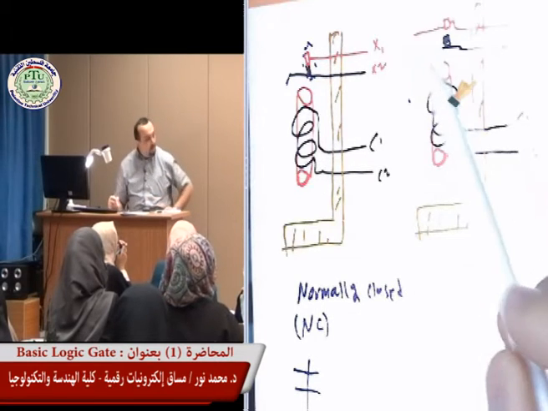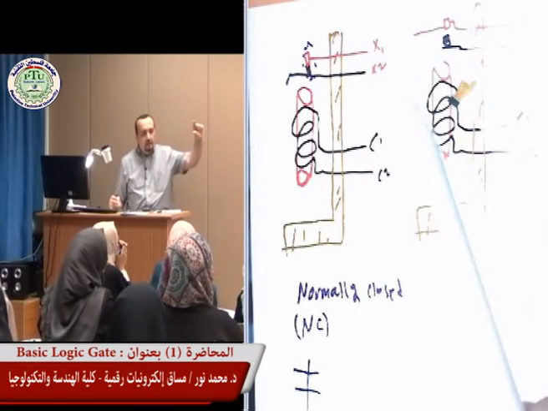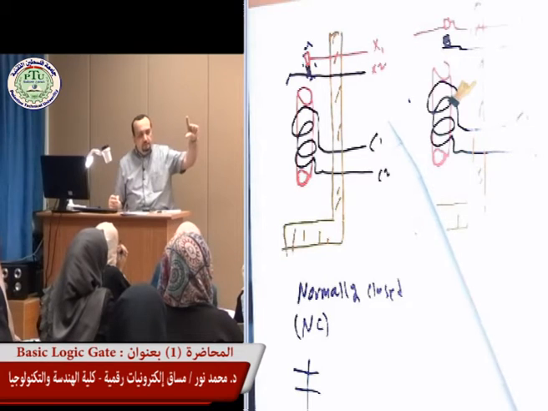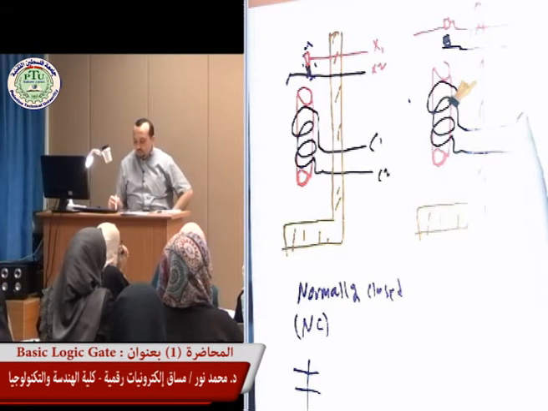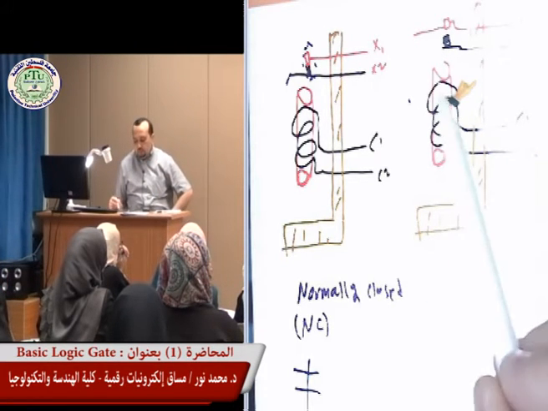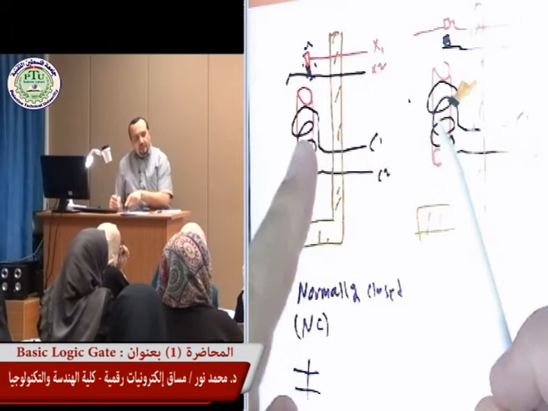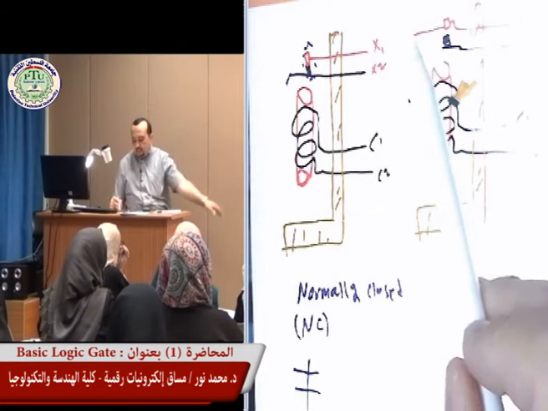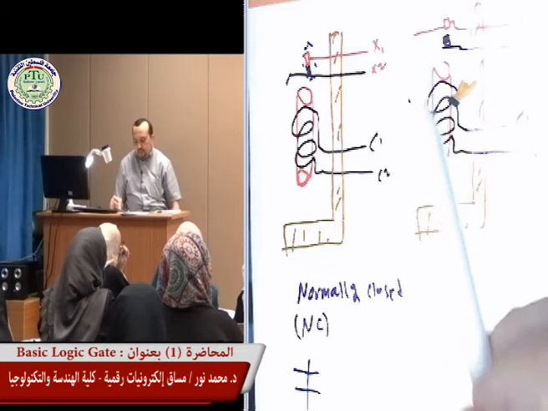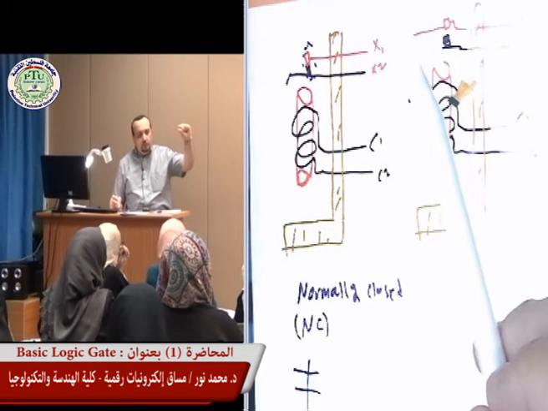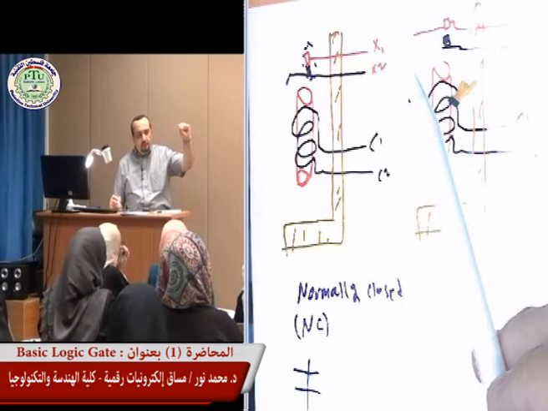So the two from the top are not in contact, they are open. Once we apply voltage across C1, C2, what's going to happen? We will have a magnetic field, so it will attract the top rod down, so it will get the two contact points together.